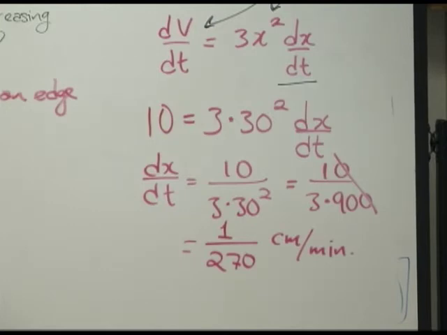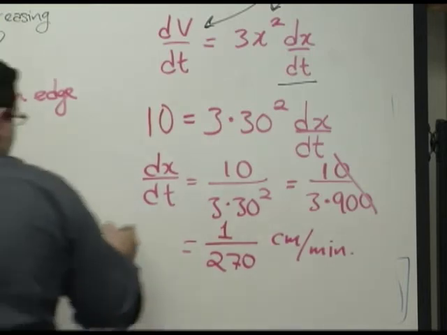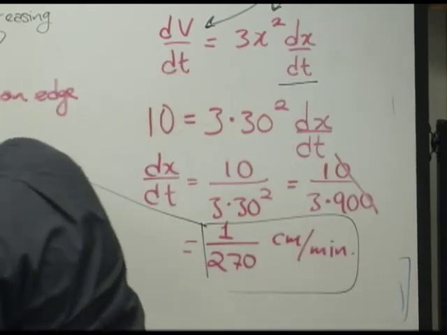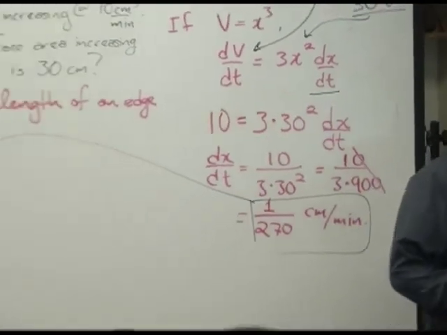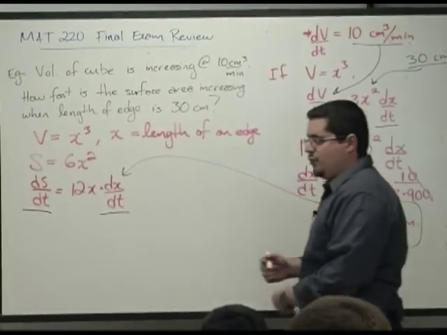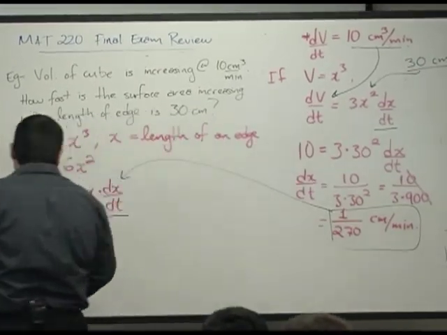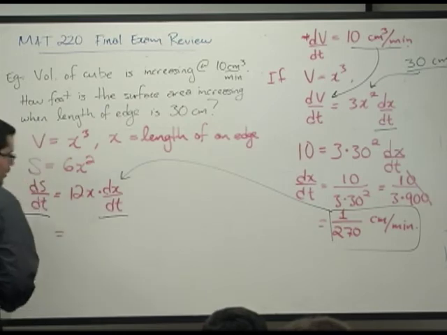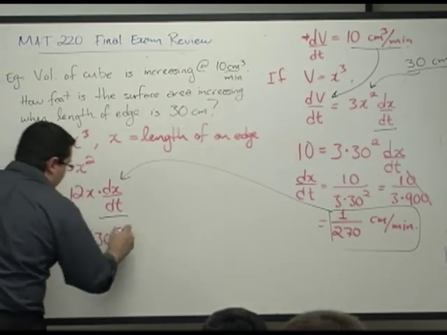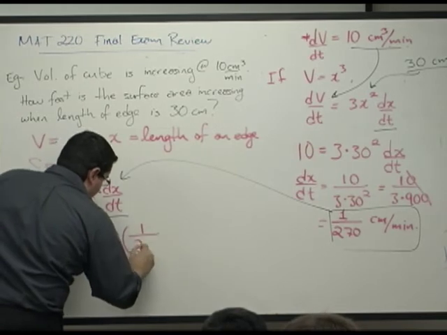Okay, now that we have dx/dt, we can actually plug it in. Remember that this is how fast the edge is changing. So we've got to just plug it in here. We can find the rate at which the surface area is changing. Okay, so here we go. We're going to have 12 times 30 times 1 over 270.